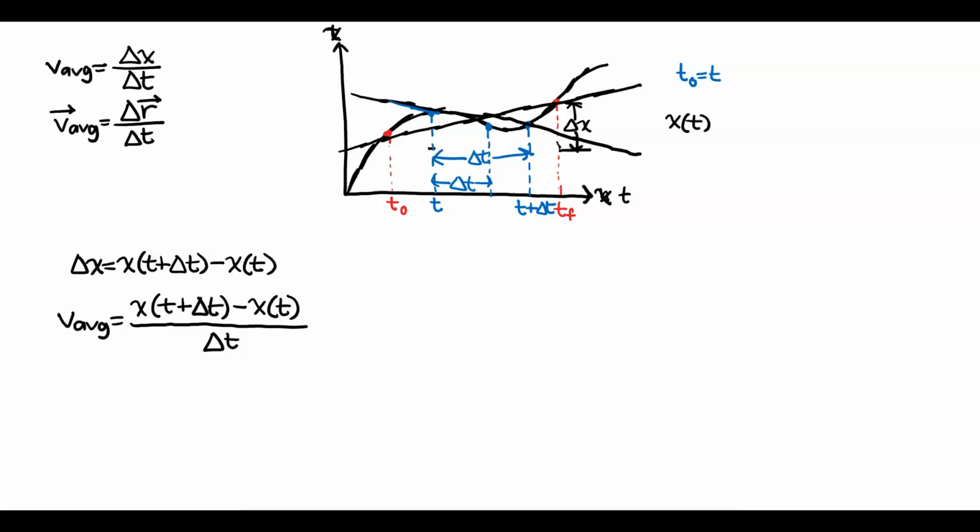So you start to see that the line is a little closer to the instantaneous speed at that point, the instantaneous velocity. It's a little closer, and you start to notice one thing.